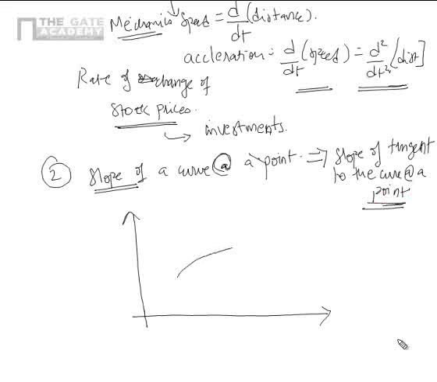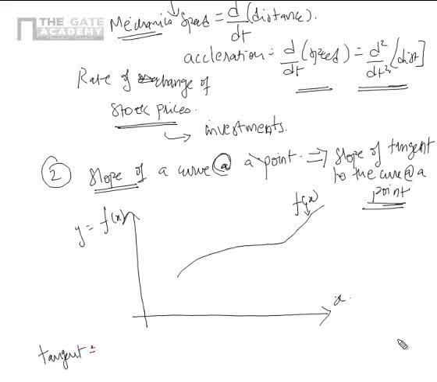So let us take any arbitrary curve. Say this is my f of x. This is an arbitrary curve we have taken. This is my x axis, and this axis is f of x. Y equal to f of x. Now, what do we mean by tangent? First, let us write this.